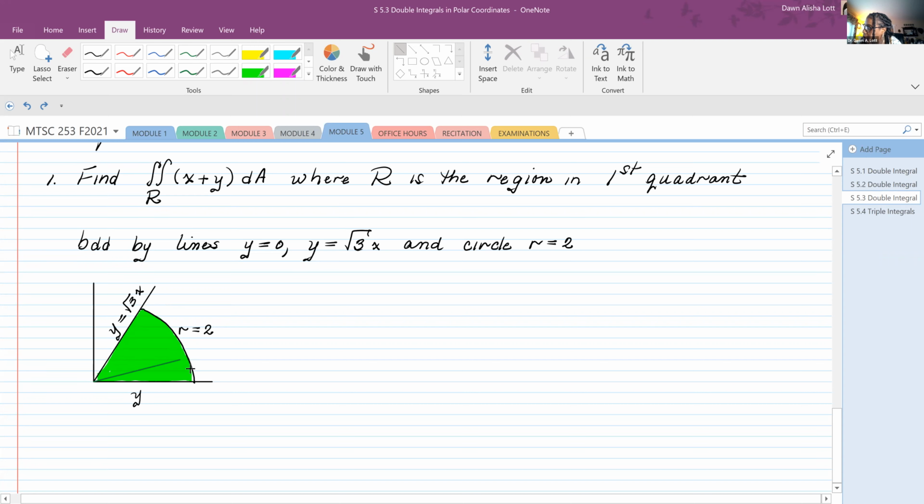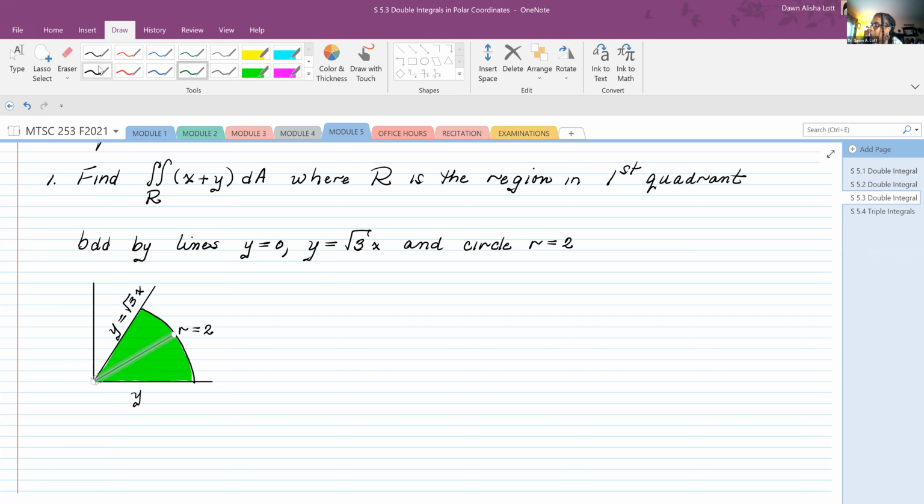R always starts at 0 and goes out to 2, and theta starts at 0 and goes to that line. So the question is, what is that line?